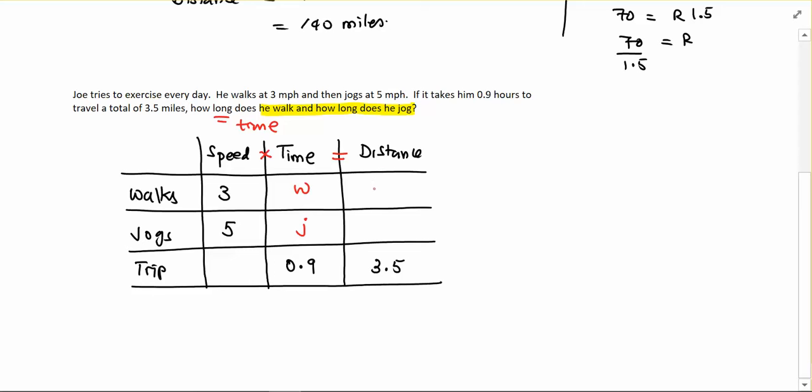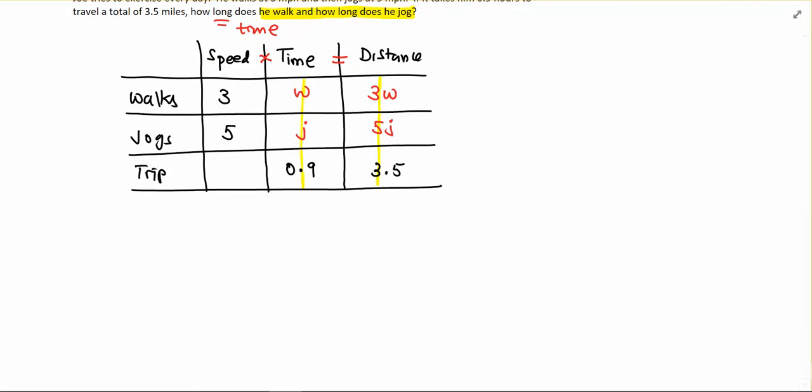So I can fill this spot with 3W, and this one with 5J. You can look down the columns and get your equations. W plus J, time for walking plus time for jogging, must equal 0.9. And the distance walked plus the distance jogged must equal 3.5, the total distance.